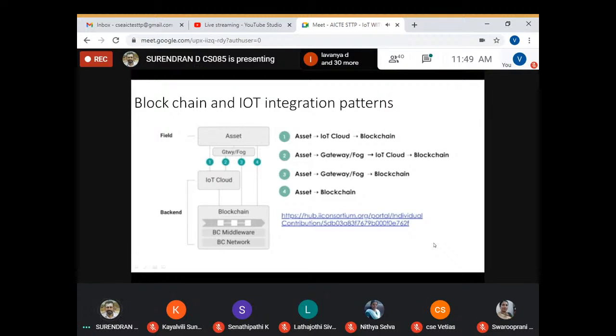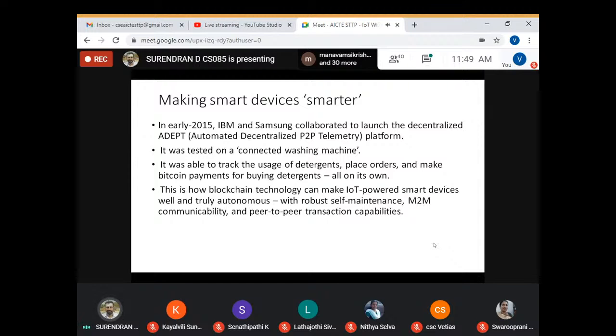We'll just go through it. So, making smart devices smarter, right? IBM and Samsung collaborated to launch the decentralized ADEPT platform, which is an automated decentralized peer-to-peer telemetry platform, in 2015. It was tested on a connected washing machine. As I told you, whenever there is a fault in a device, you need to call the call center, and they send a representative.